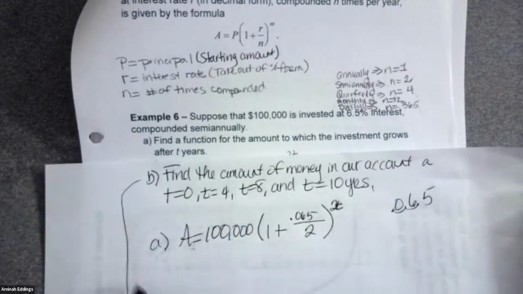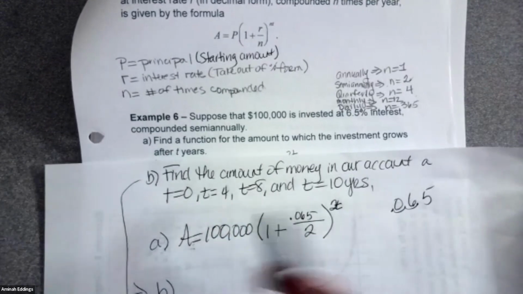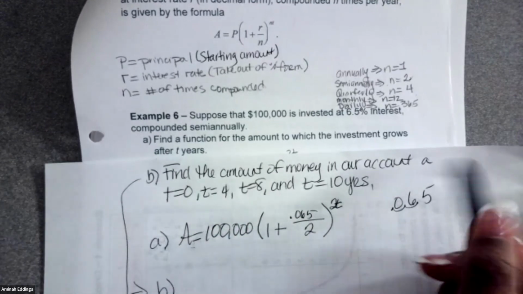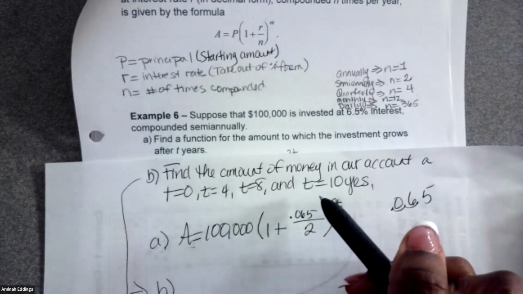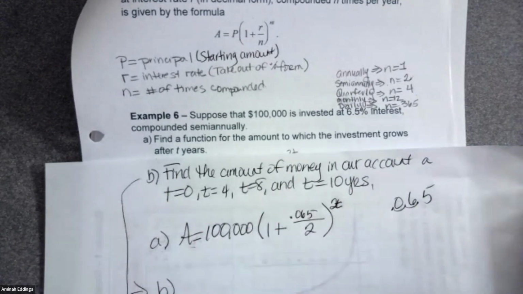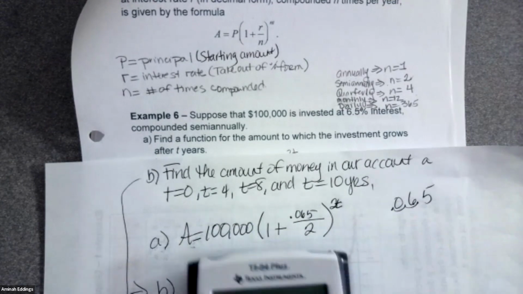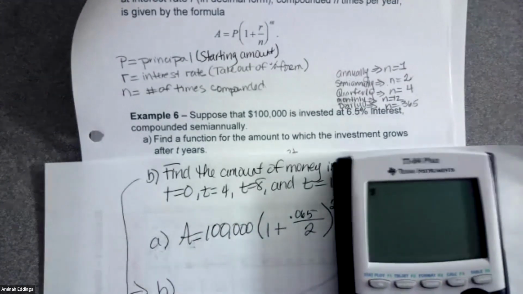Then part B. Part B says to find the amount of money in our account at each one of these times. So we simply plug into our formula. All right, so here we go.